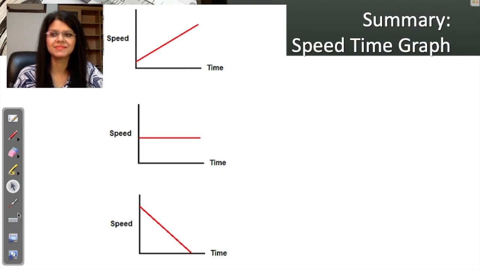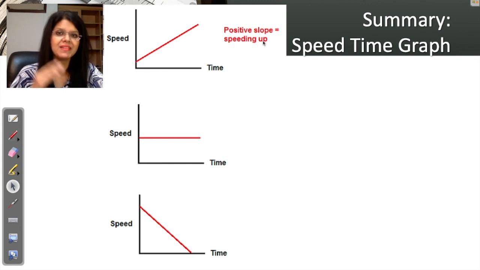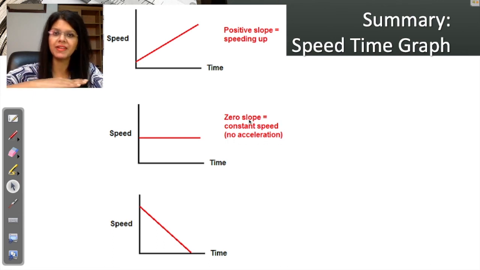Alright. So here in the first graph, you have an inclined straight line, a speed time graph which is an inclined straight line. What does it represent? It is a positive slope. It is speeding up. That means it is accelerating, right? Second line, a flat line: 0 acceleration, no acceleration, 0 slope, no gradient, constant speed.